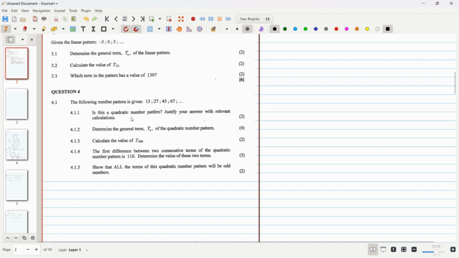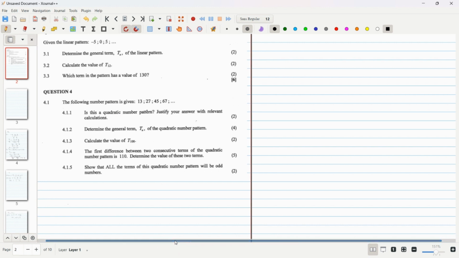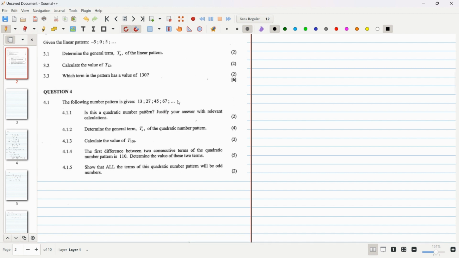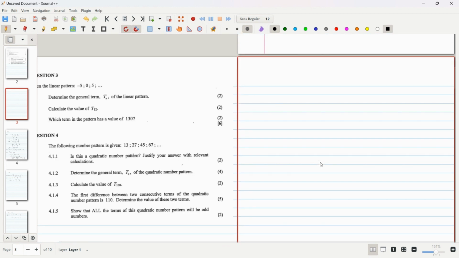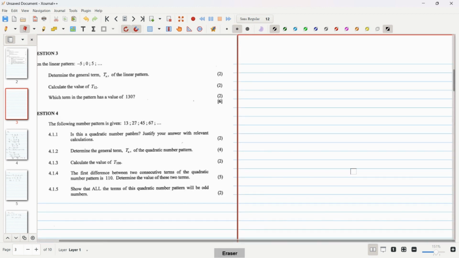So we want to determine whether it's a quadratic number pattern. A quadratic number pattern differs from a linear pattern in that this one has a second constant difference, not the first constant difference, but a second constant difference. Okay, so for this one, I can name this one Q4, 4.1.1.